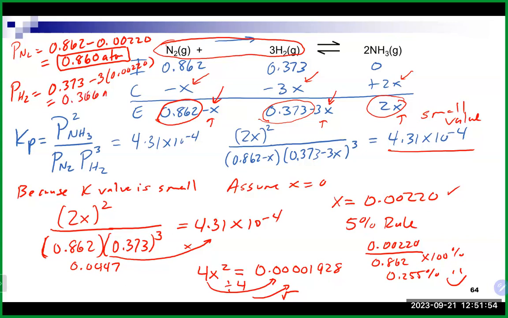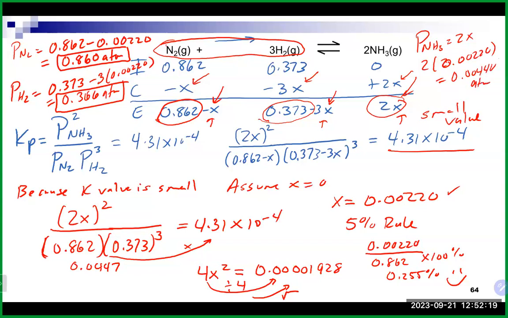Once again, these are atmospheres. And lastly, for our NH3, the pressure of NH3 is equal to 2x, which would be 2 times 0.00220. And that will get us 0.00440 atmospheres in this case.